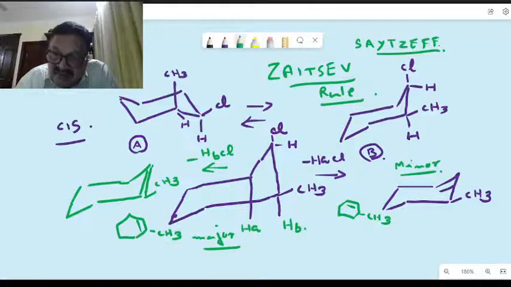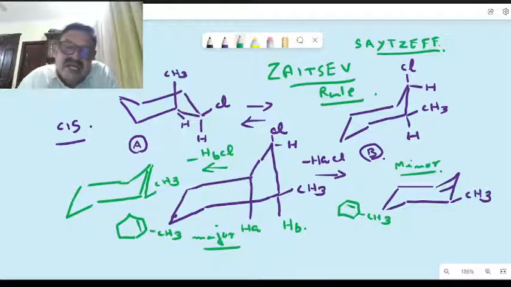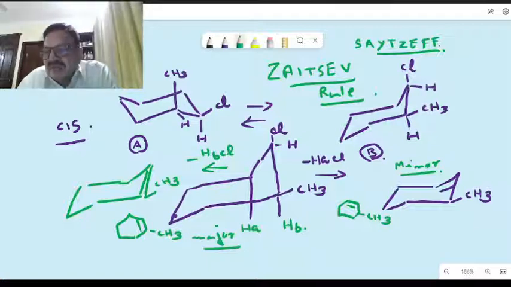Now, a reaction is known as regioselective, which we have mentioned some time back. A reaction is regioselective when it yields predominantly or exclusively one constitutional isomer, one structural isomer, when more than one is possible.